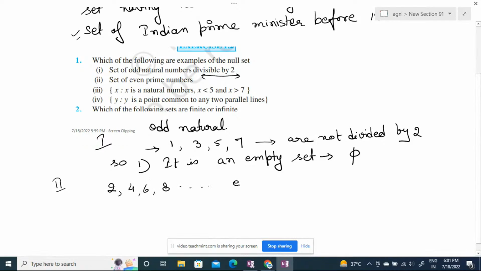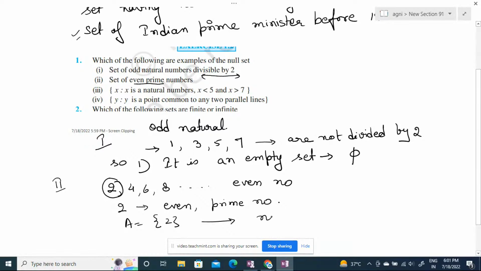These are the even numbers. The number should be both even and prime. So only 2 is an even number and also a prime number. So we have an element in the set, that is 2. So it is not a null set.